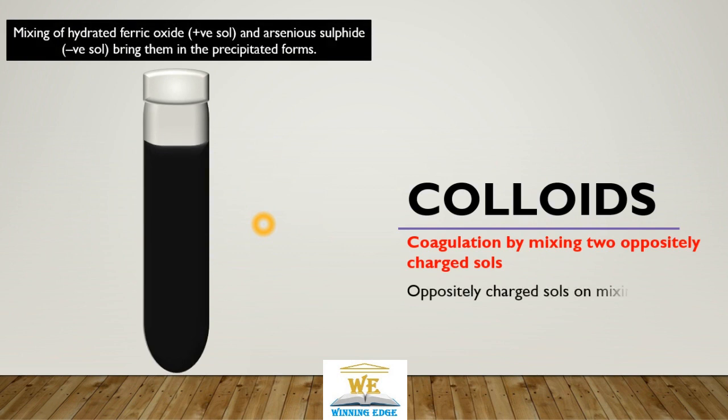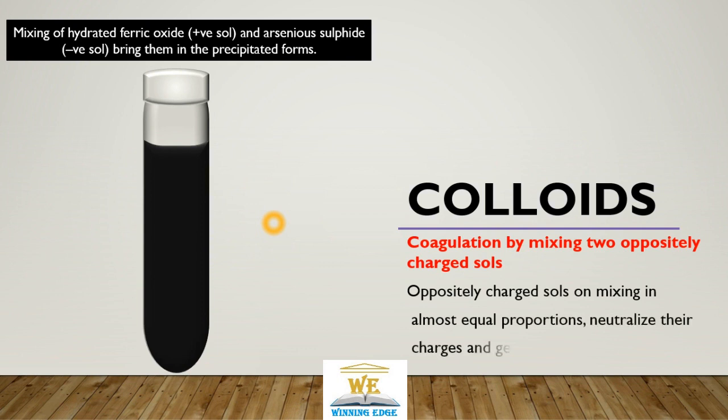Mixing two oppositely charged colloidal sols, like ferric hydroxide and arsenious sulphide, in the right proportion, we saw complete neutralization of both sols' charges as they are oppositely charged to each other, and we get precipitation.